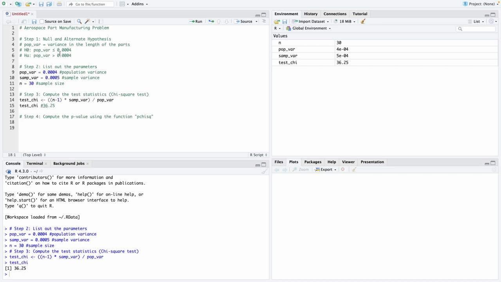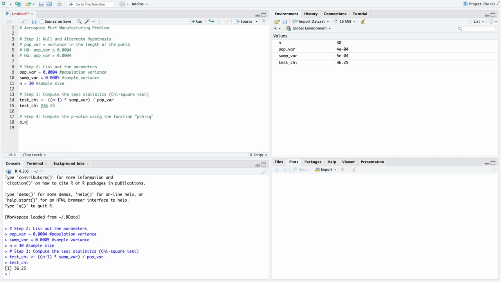Now, in order to determine what equation we would use for the p-value, you need to take note of something. Because this is a greater than, that means it's a one-sided upper tail test. So we have to make sure that we use the equation that reflects this sign.